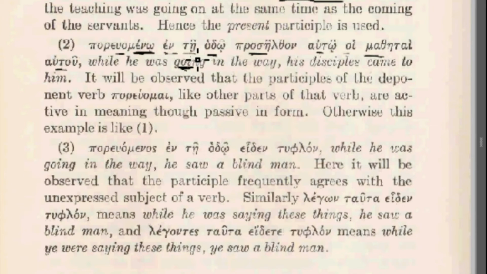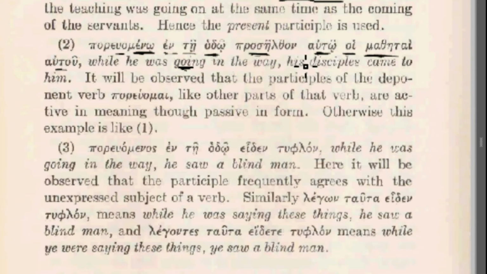So going in te hodo, in the way, proseilthon. They came, this is second aorist again, same as we had up here. They came auto, to him. Who came to him? Well, hoi mathetai, the disciples, autou, of him.